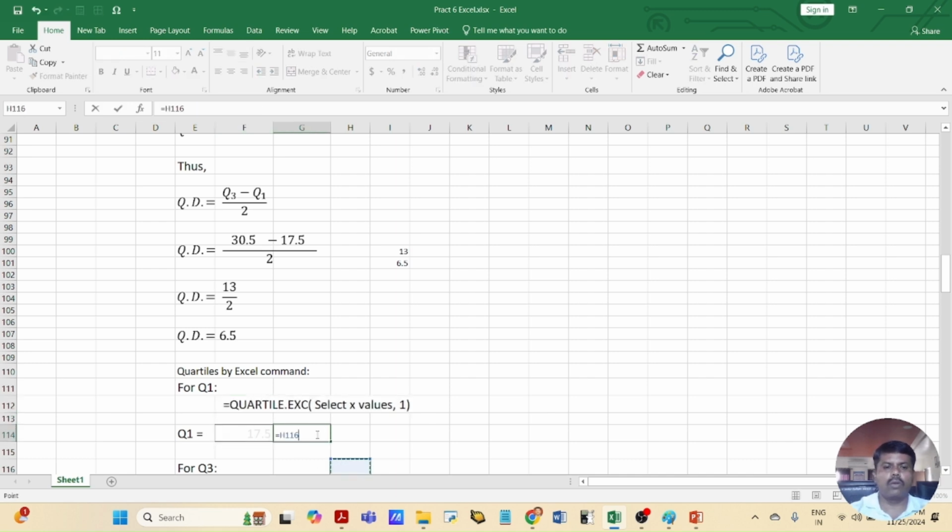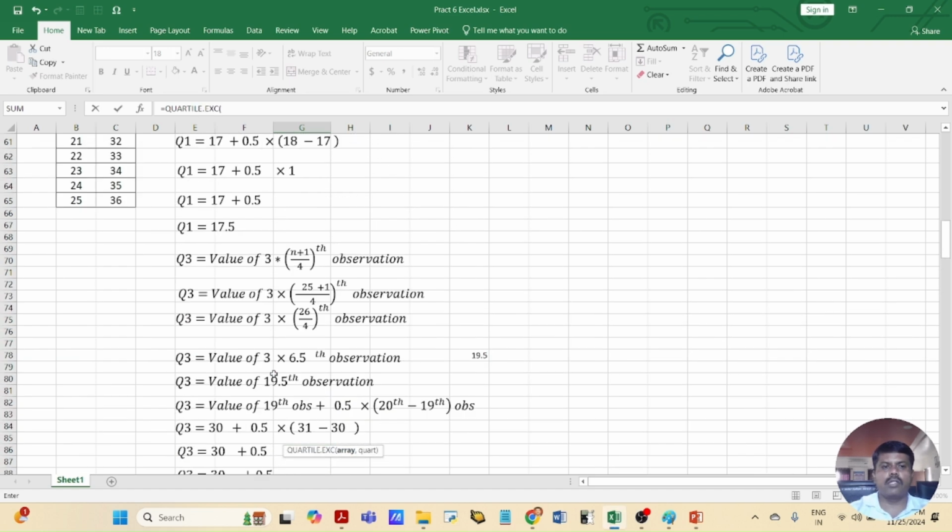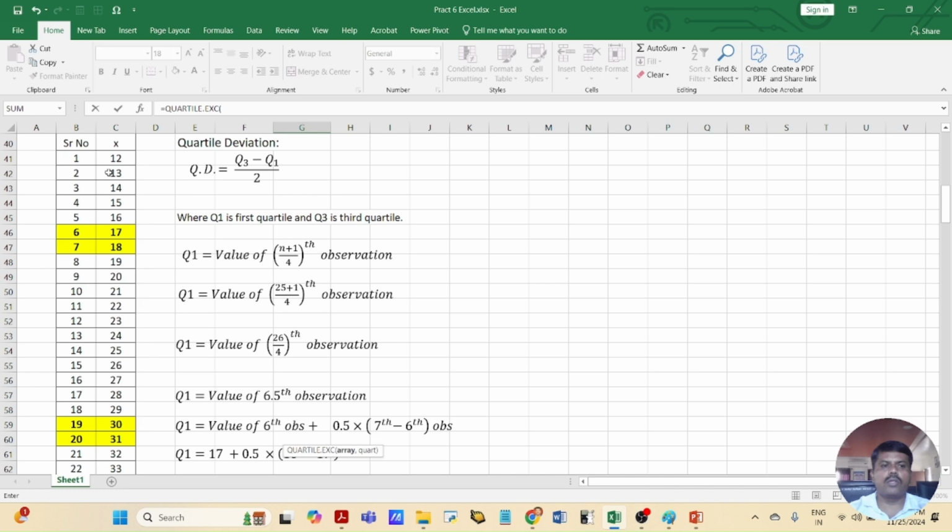Equal to QUARTILE.EXC, and array means we have to select the X values.